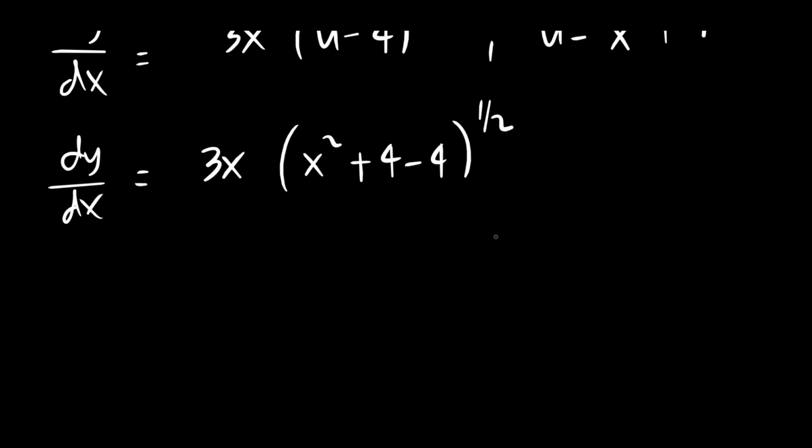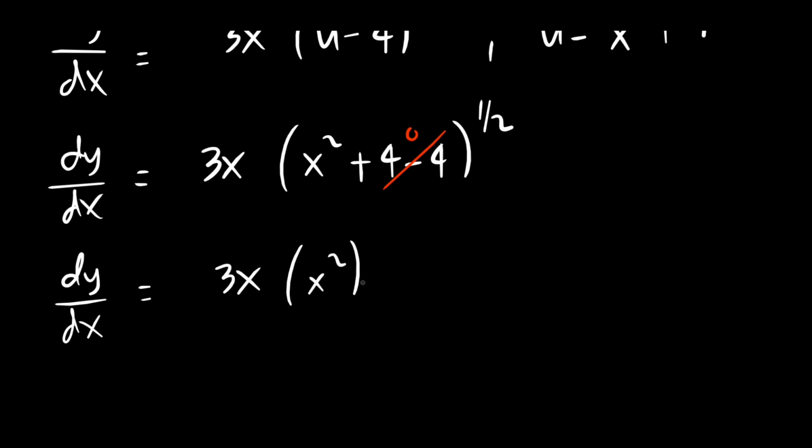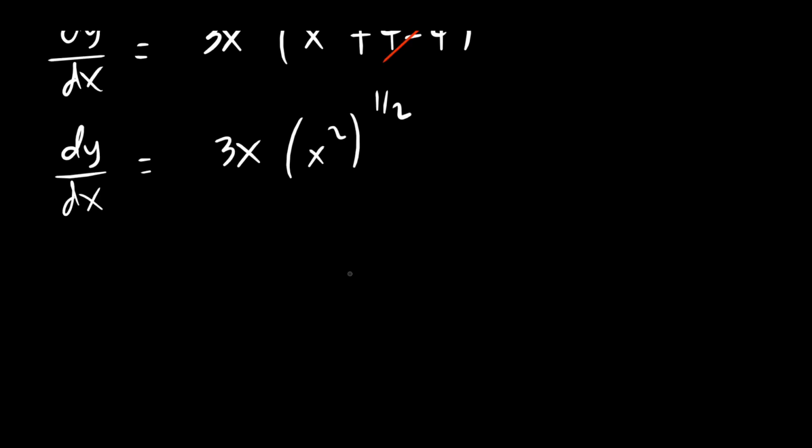So we have dy over dx is equal to 3x. We'll cancel 4. So 4 minus 4 is just equal to 0. So we have x squared raised to the power of 1 half. So after this, dy over dx is just equal to 3x.